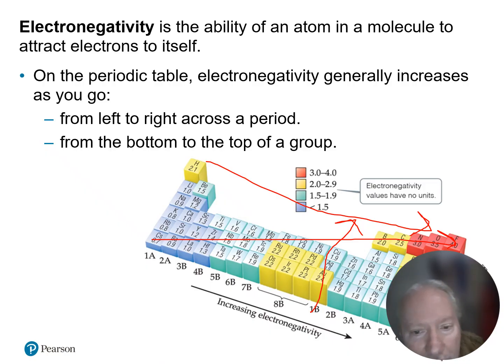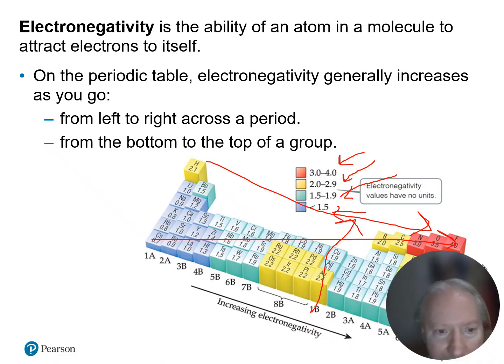Remember the Linus Pauling electronegativity scale that we used on test 4, and we could figure out the difference in electronegativities. Some atoms are very high, some are medium, and some have low electronegativity values, and we can calculate the electronegativity difference between atoms involved in a bond and figure out if it's ionic or covalent.